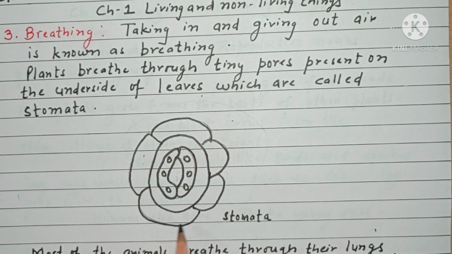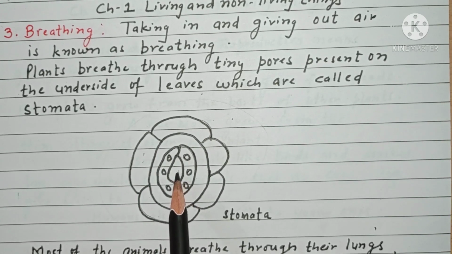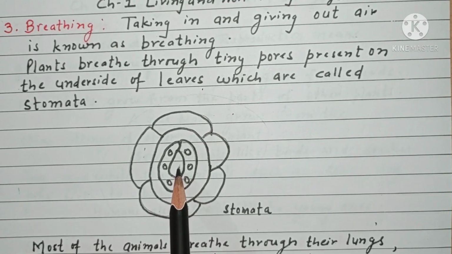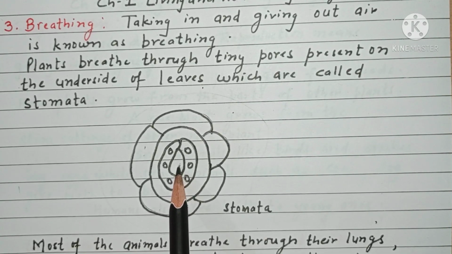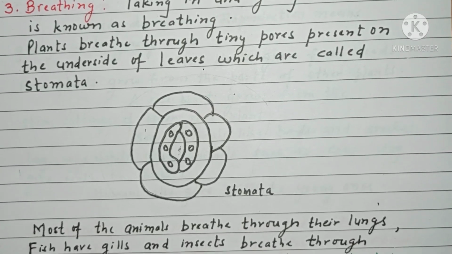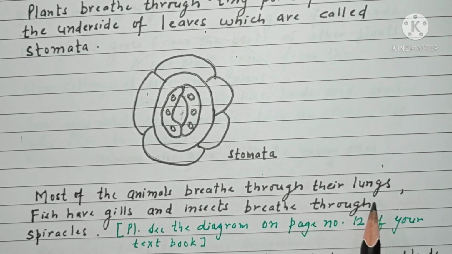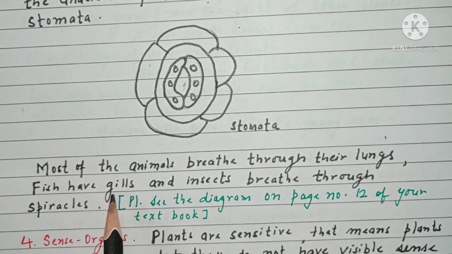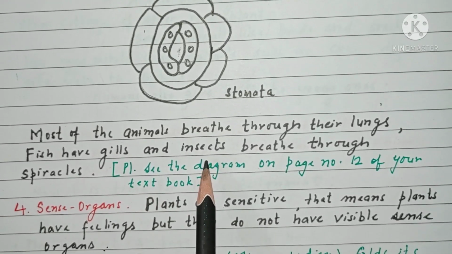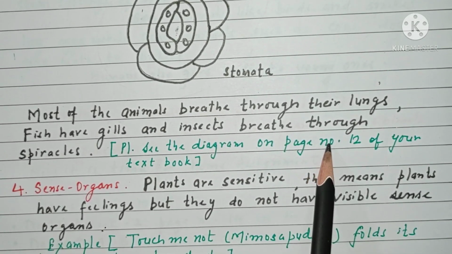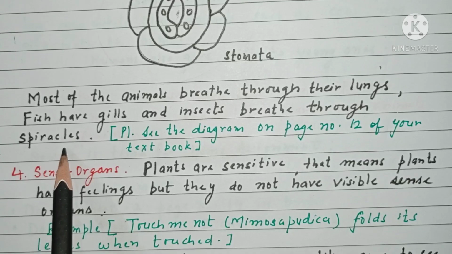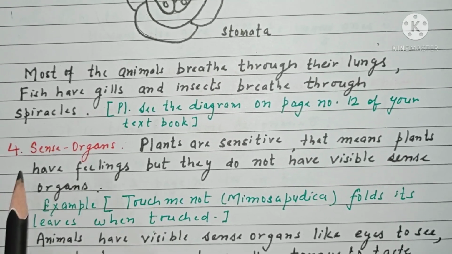This is the structure of stomata, and here it is the stomata. These are very tiny pores through which the plants breathe. And most of the animals, they breathe through their lungs. Fish have gills and insects breathe through the openings which are known by the name of spiracles.